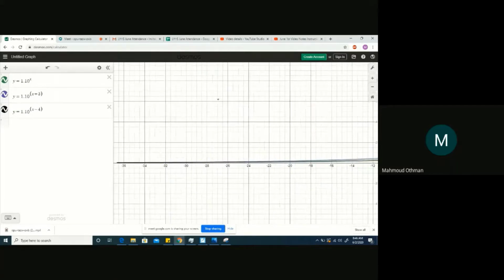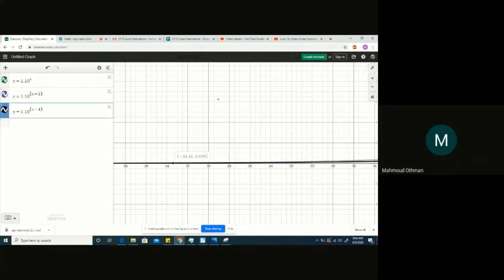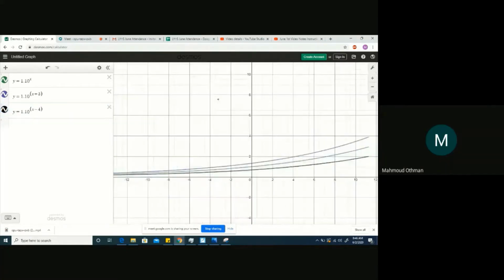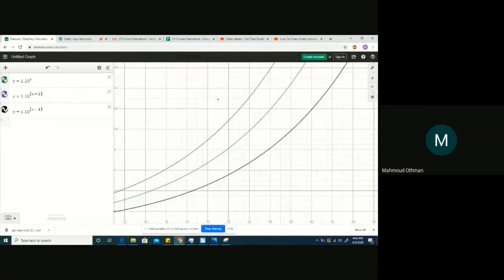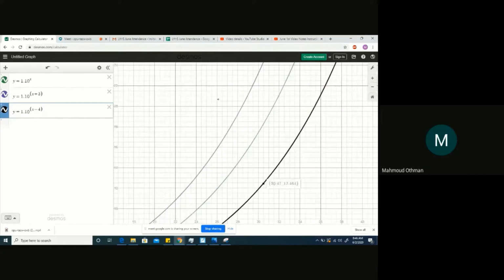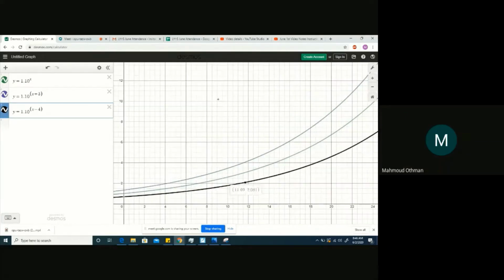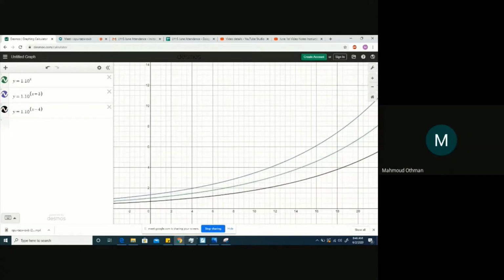They all approach the same y value, and they have similar approaches for y values on the right side too. As x increases, y increases.